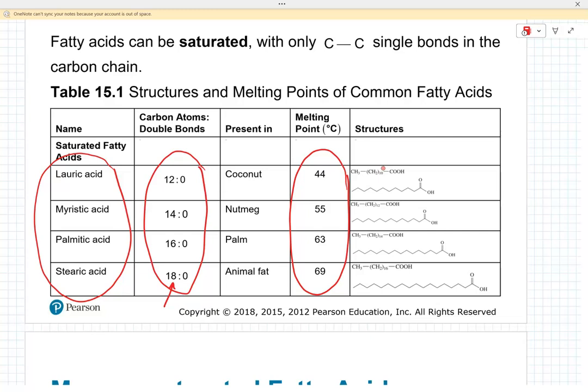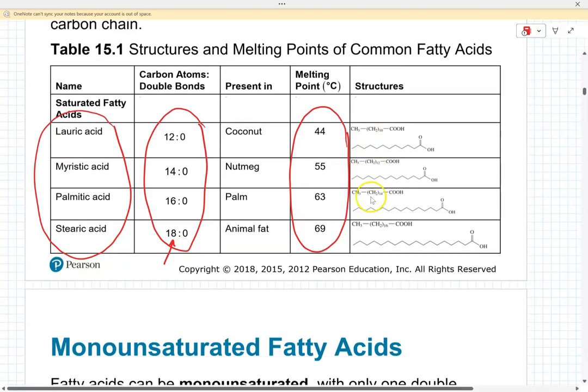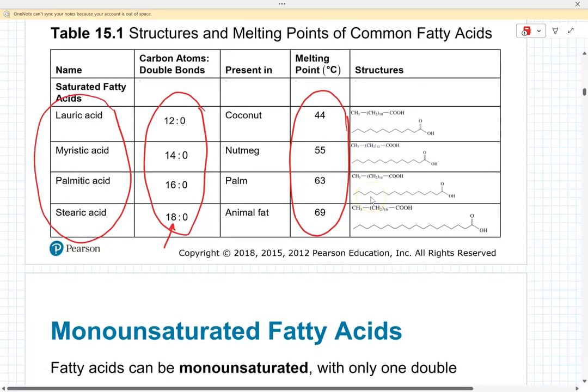When the number of carbons goes up from 12 to 18, what happens to the melting point? It goes up. The more carbons you have, the harder it is to separate individual molecules of saturated fatty acids so they can form a liquid. Does that make sense to you?